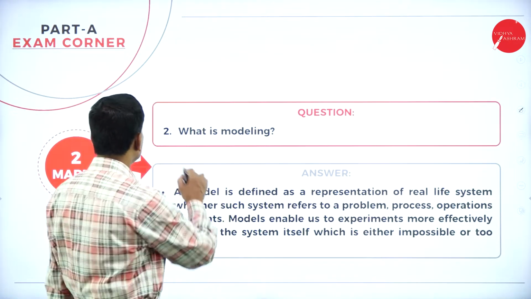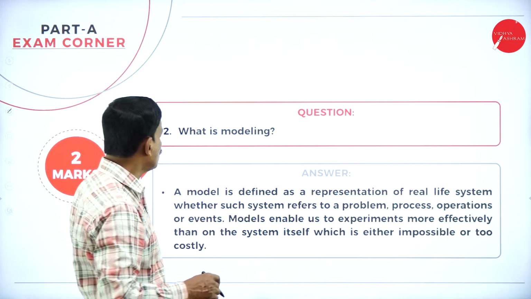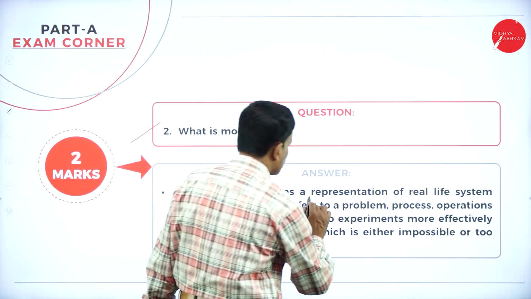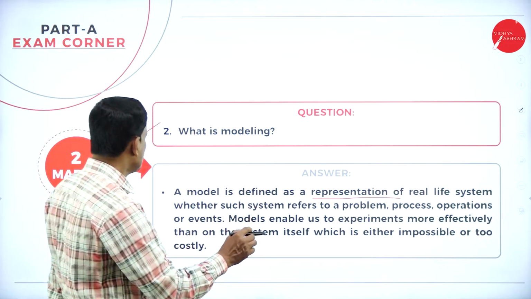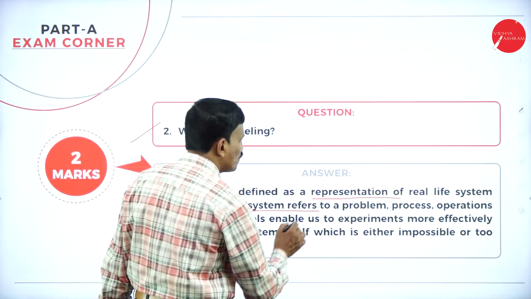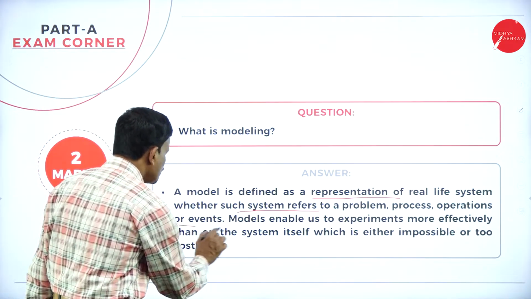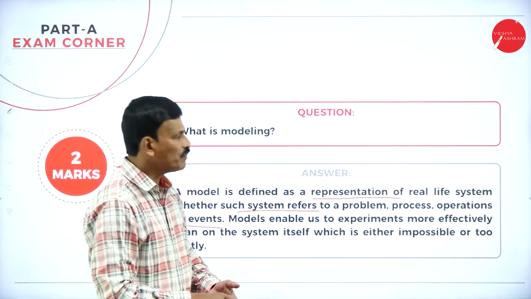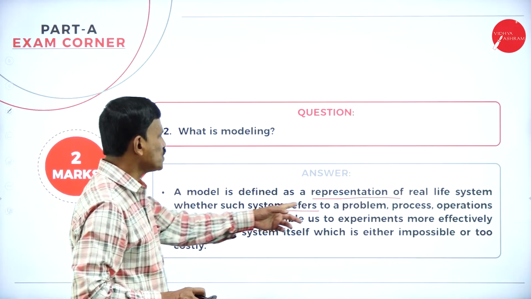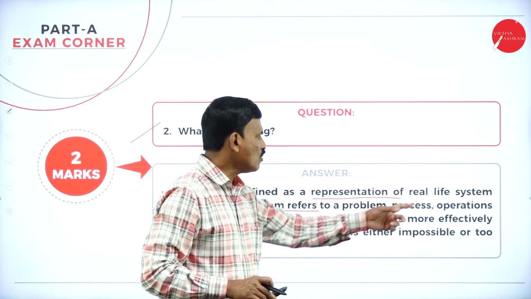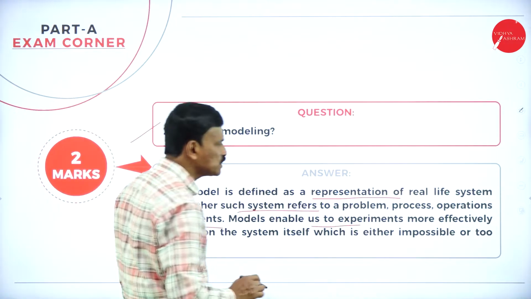Now let us come to the second question. What is modeling? A model is defined as the representation of a real life system, whether such a system refers to a problem, a process, operations or events.